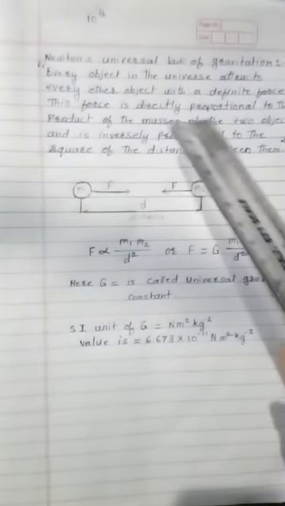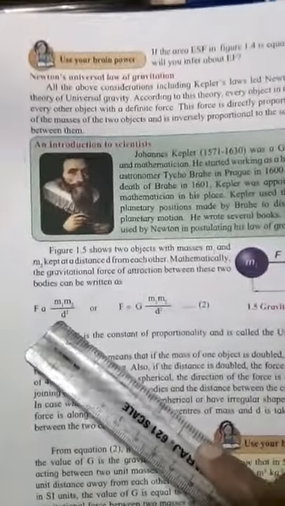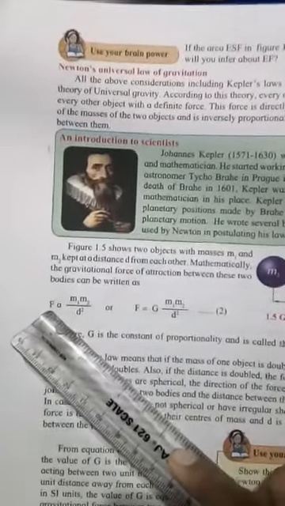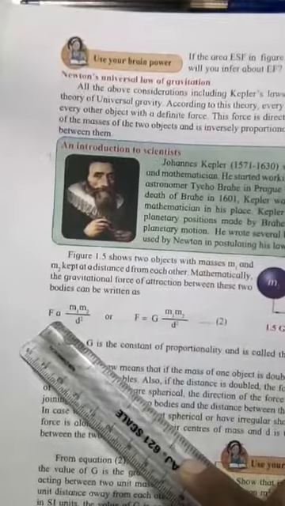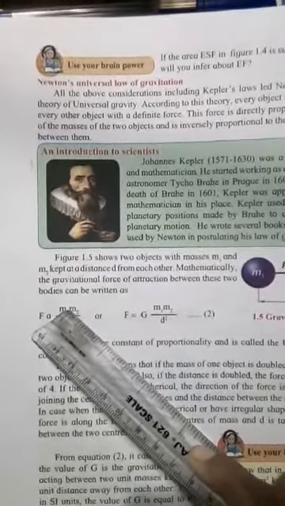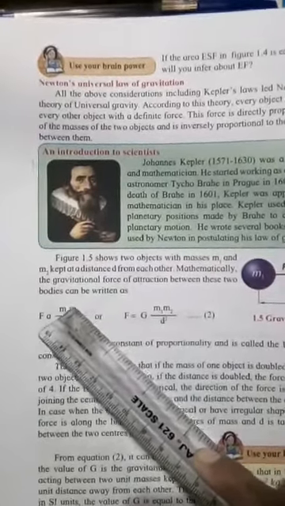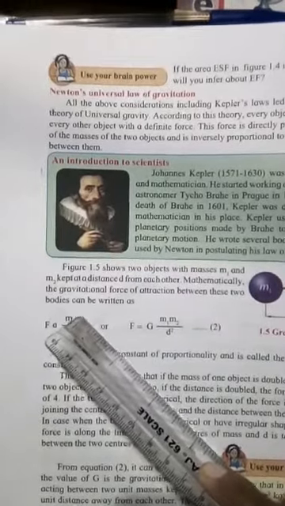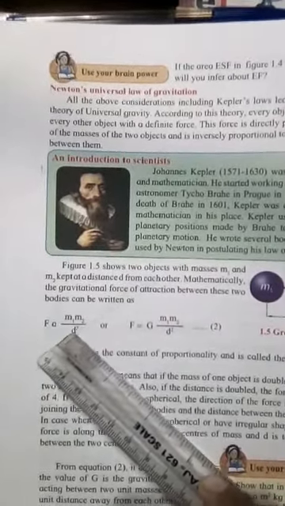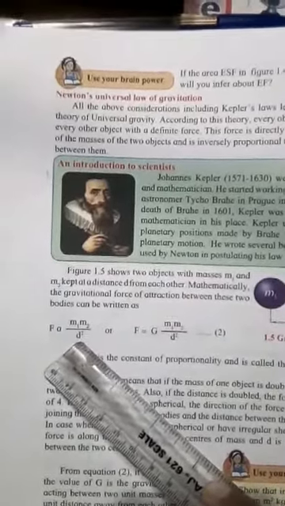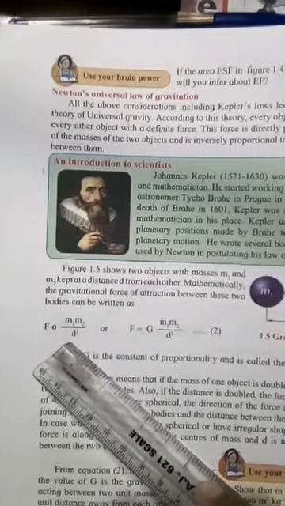So this law is mathematically represented like this. F, that is the force, is directly proportional to the product of the masses of two objects and inversely proportional to the square of the distance between them.